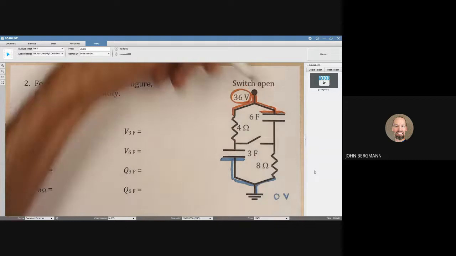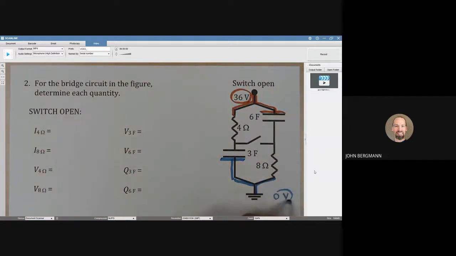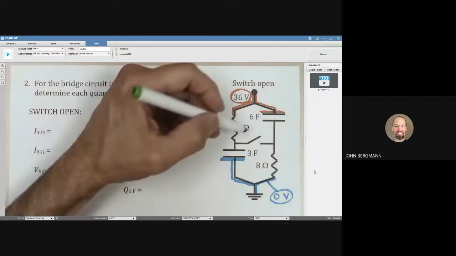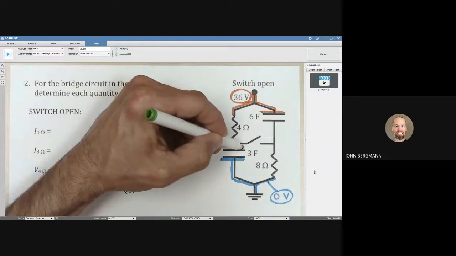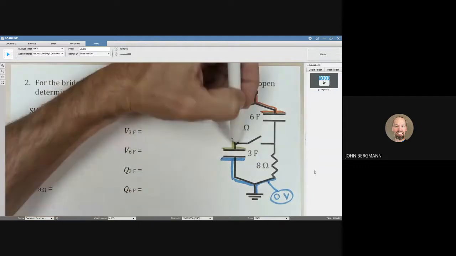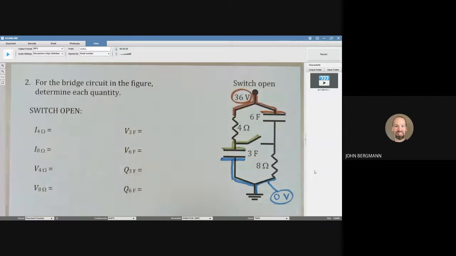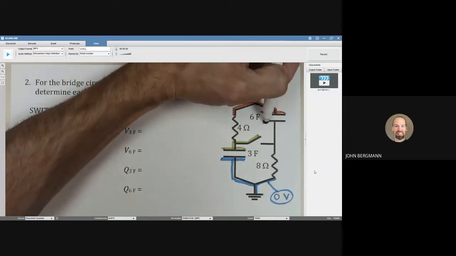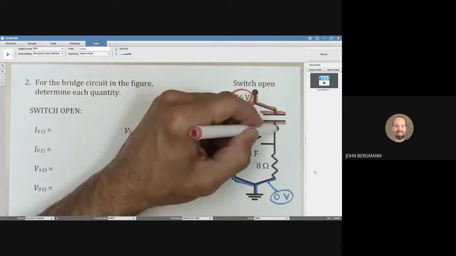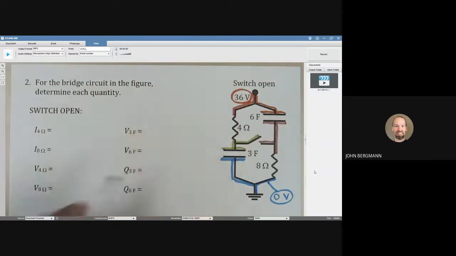So I'll circle that right there, and then 0 volts of pressure right there. And then the rest of the circuit, if this is open, then this portion has a certain electrical pressure, and then this portion has some fourth electrical pressure, which we don't know yet.